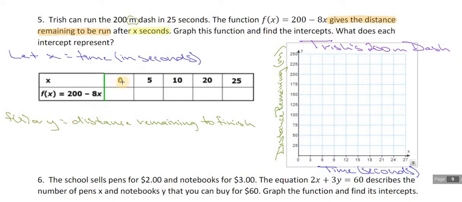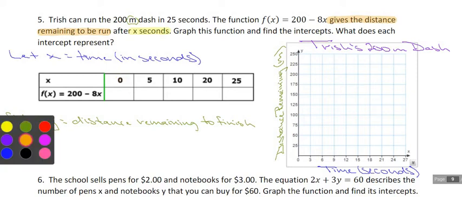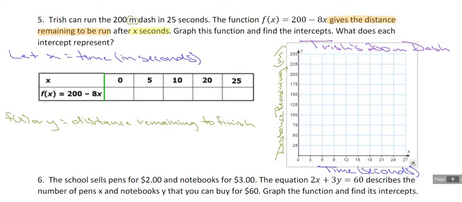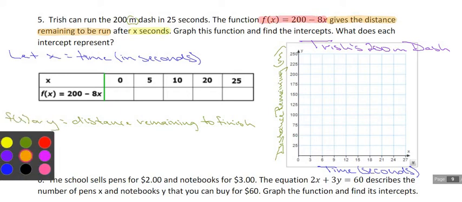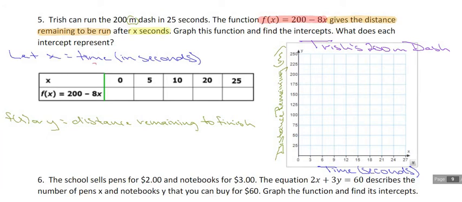So if x is 0, and here's our function, I'll write that down here. So f of x equals 200 minus 8x. We're plugging in 0 for x.